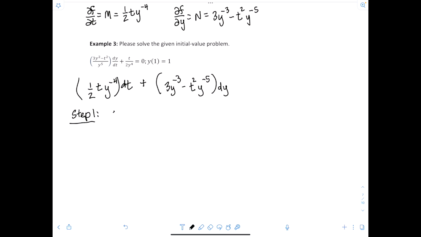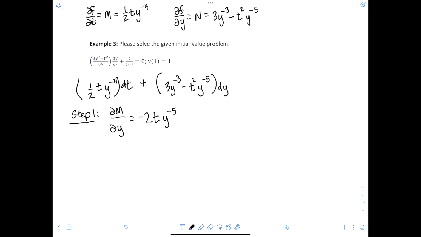So step 1, we need to find out what dM/dy is equal to, and see if it matches the first partial of N with respect to t. So looking at M and differentiating with respect to y, we'll get, I believe, negative 2 t y to the negative 5. Cool with that?